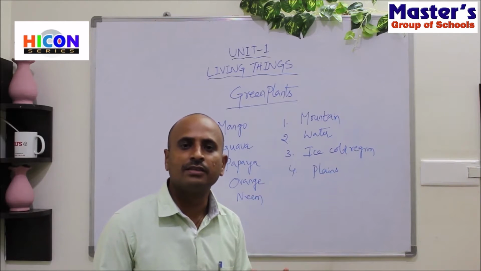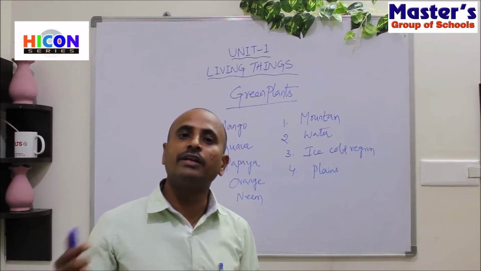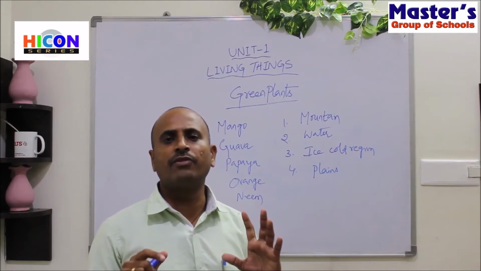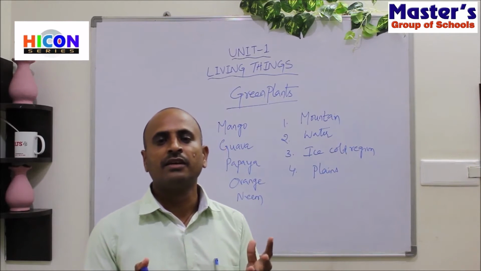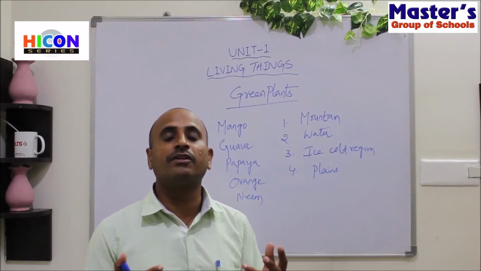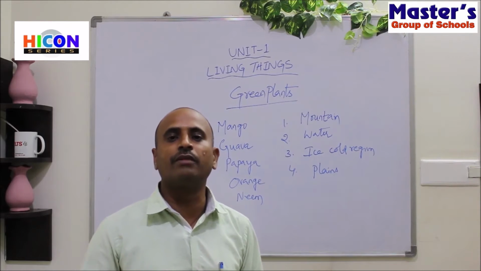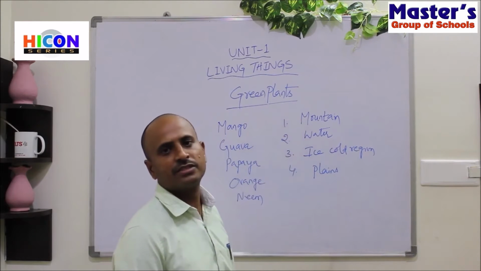The plants growing in one region cannot grow in another region, because throughout the world we have different types of regions, and in each region the climatic and environmental conditions are different.